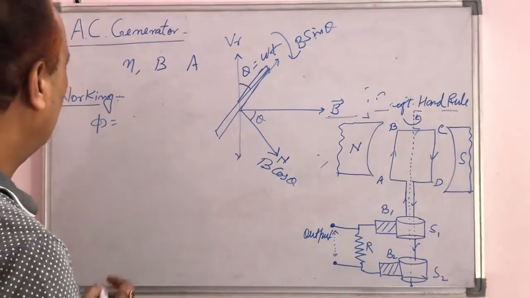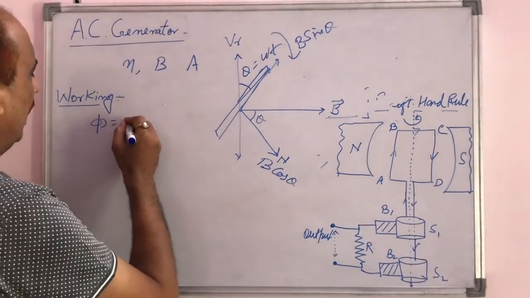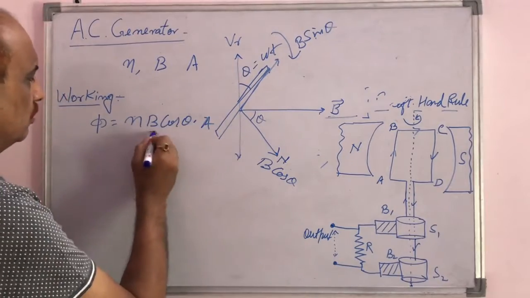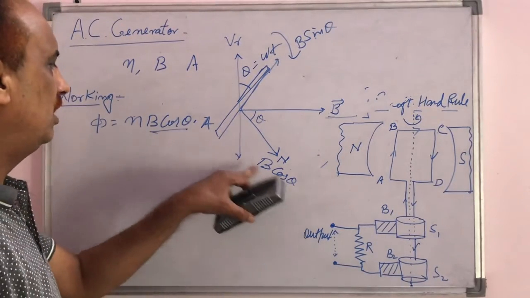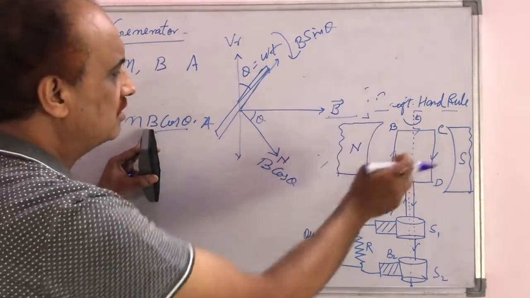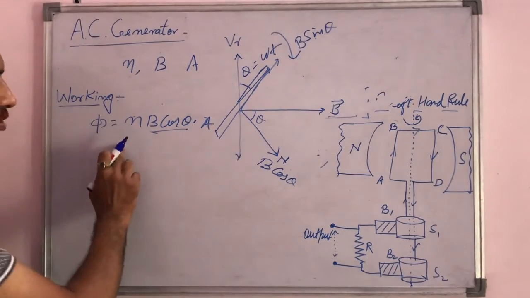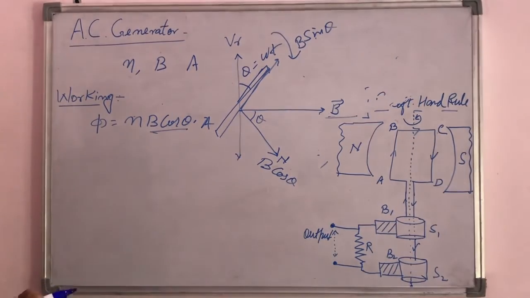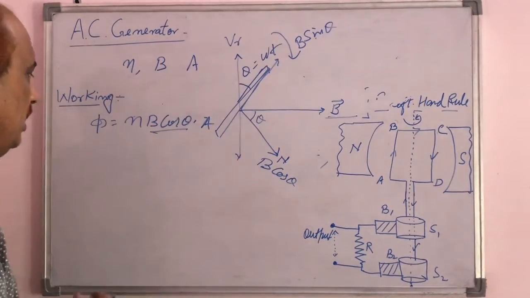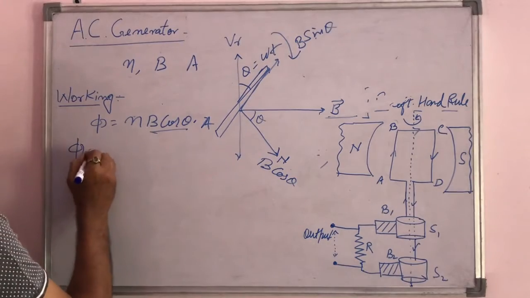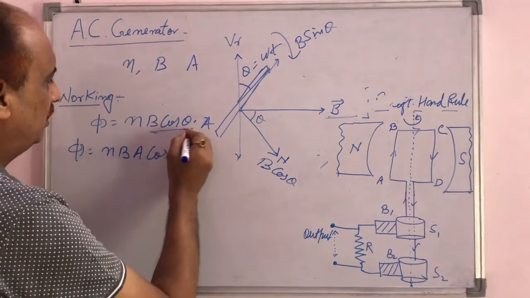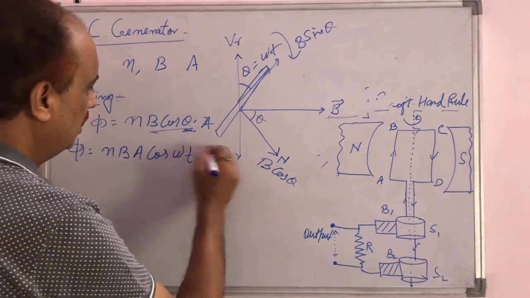According to the formula, phi equals N B cos theta times A, the normal component of the magnetic field times the area of the coil, multiplied by N because there are N turns. This is the total magnetic flux linked in the coil at any instant of time t, when theta equals omega t. So phi = NBA cos theta, and theta = omega t. It is equation number 1.